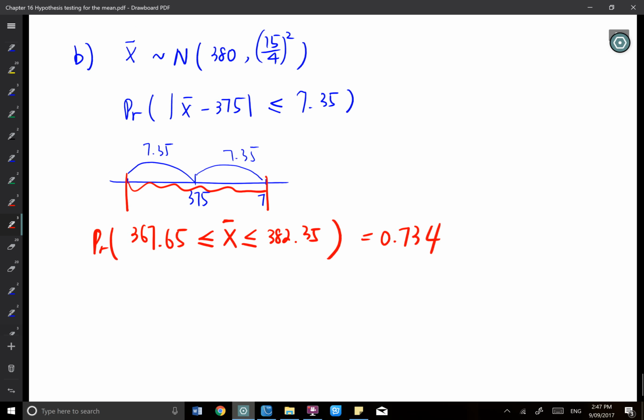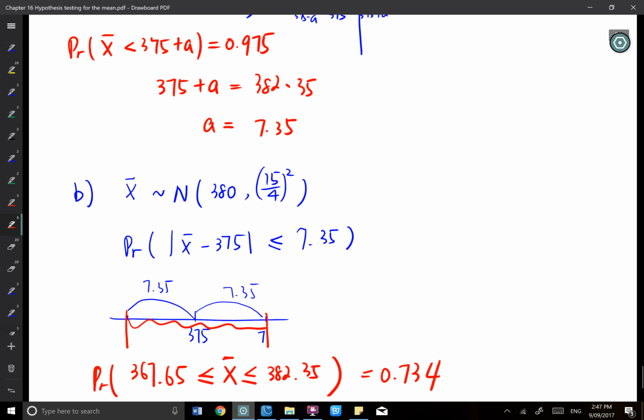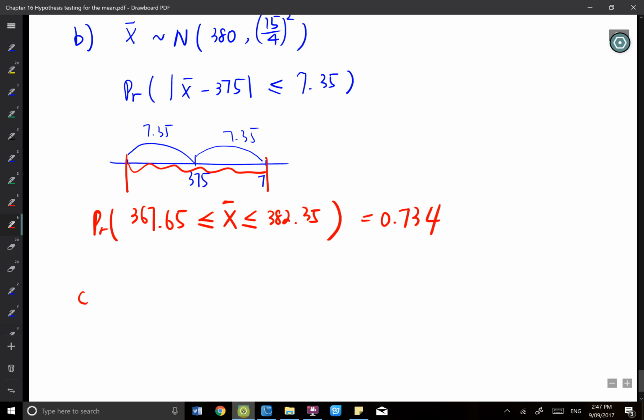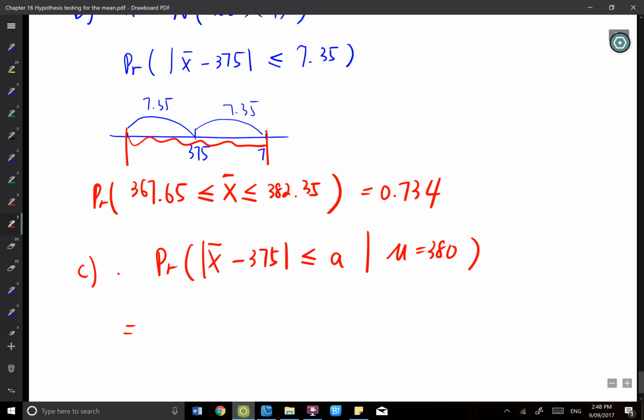So part C asks us to comment on the previous probability. That's the probability that X bar minus 375 is less than A, given that mu is actually 380. Same as that, that's the probability.